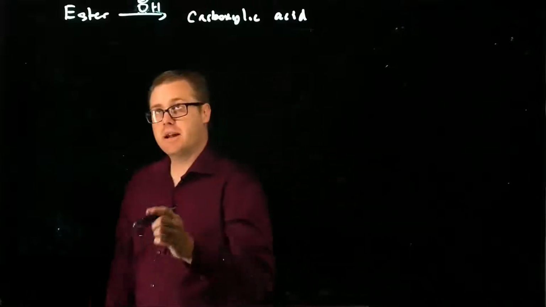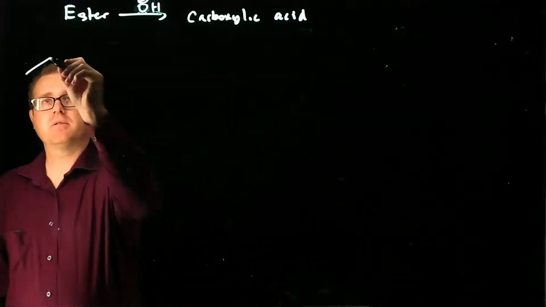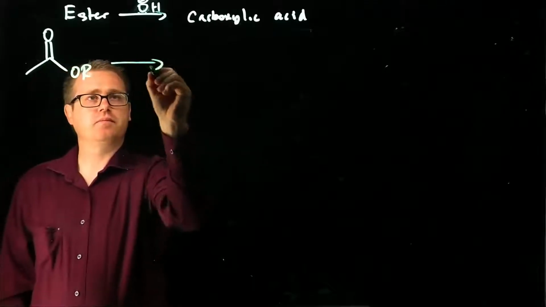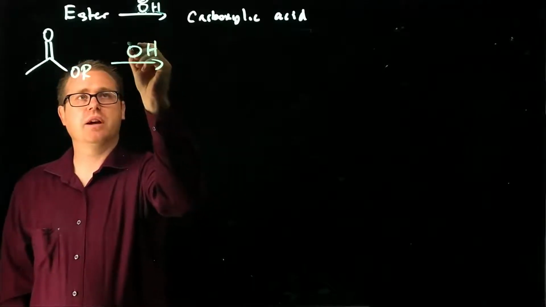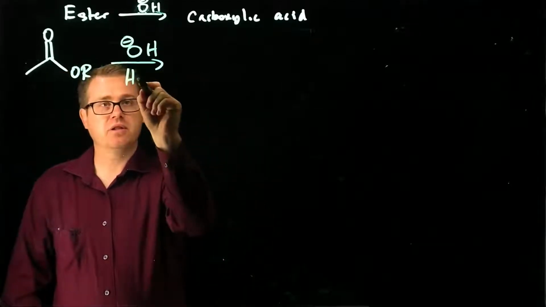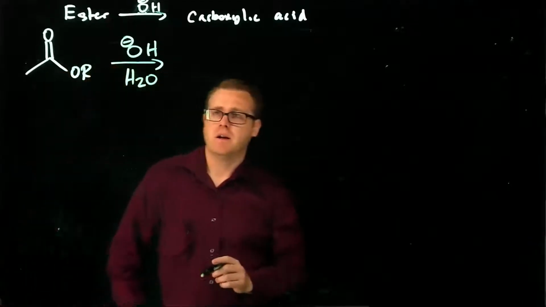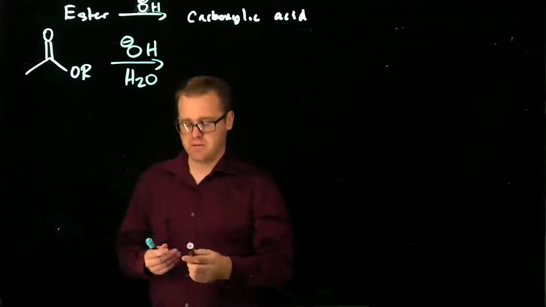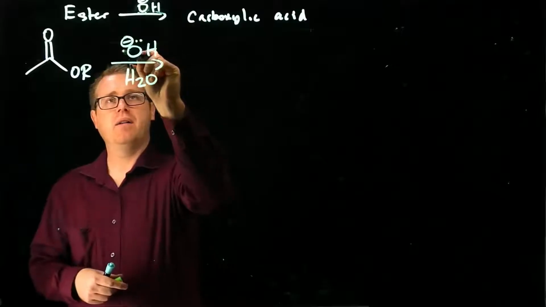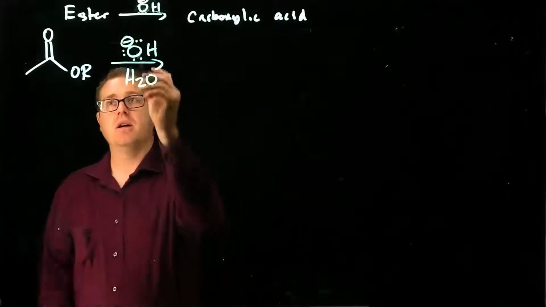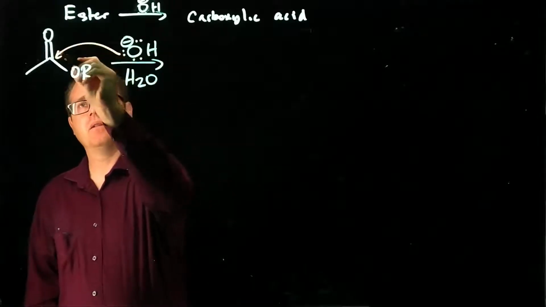Now let's take a look at this reaction under basic conditions, so with hydroxide. Now that hydroxide is going to be dissolved in water, so we're under basic conditions. So what's the first step here? When we have hydroxide present or basic water, what's going to happen?